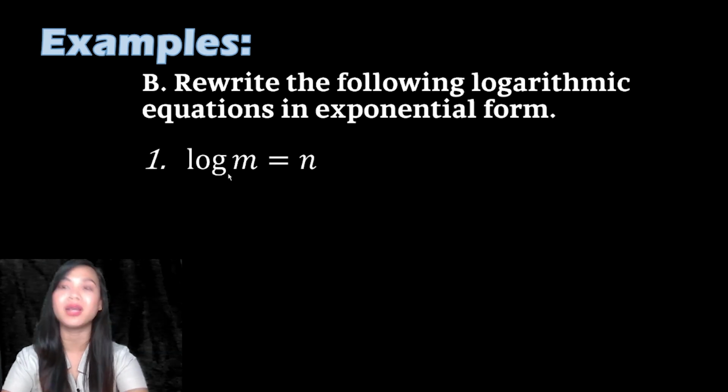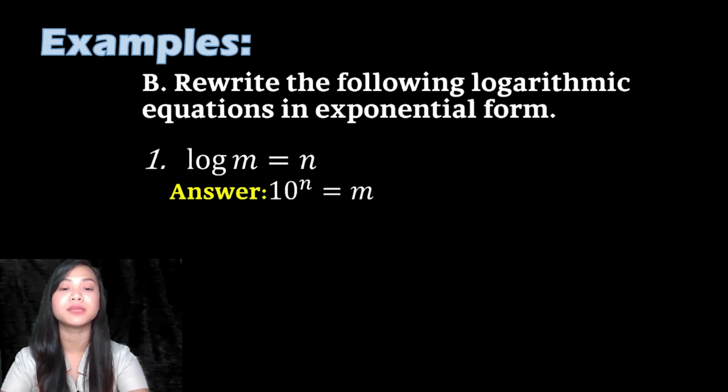When we don't write the base, that means the logarithm has a base 10, which means it is a common logarithm. So this one is an example of common logarithm. Now, log m is equal to n. Let's transform it in exponential form. The answer is our base, 10, raised to n, because our exponent here is n, and that is equal to the power m.